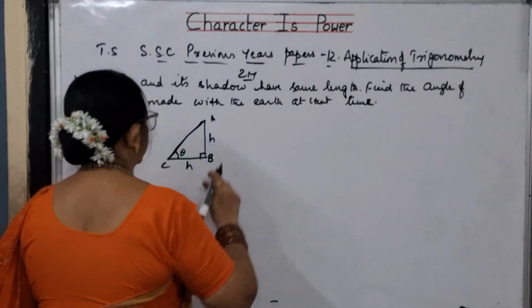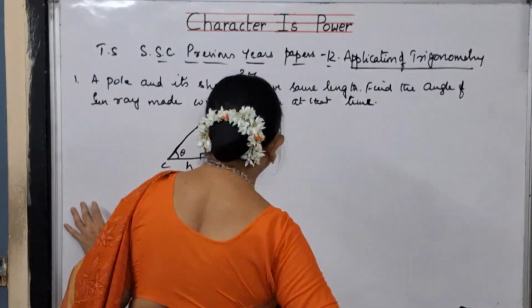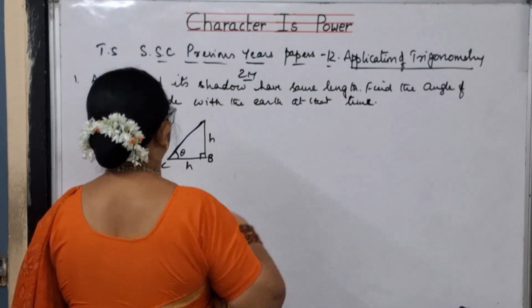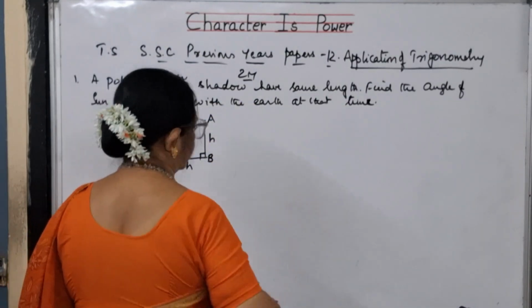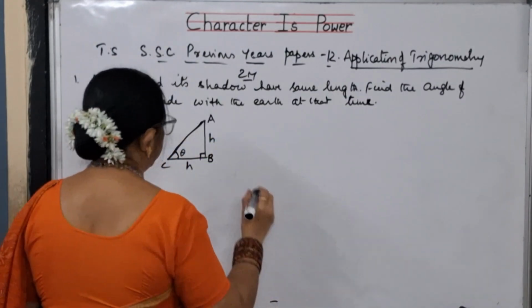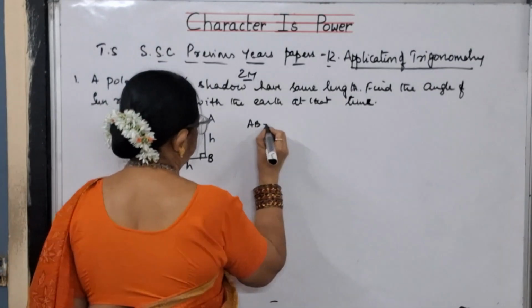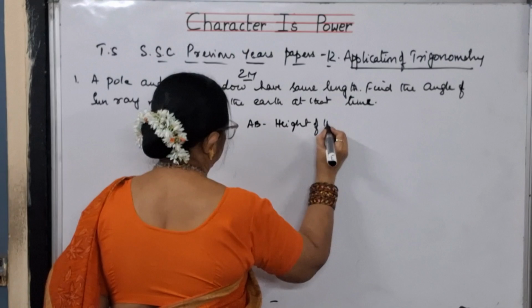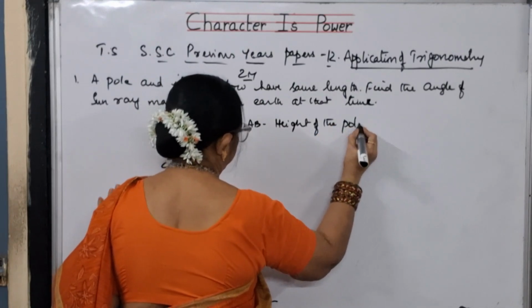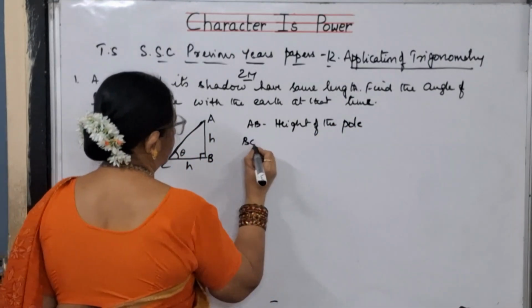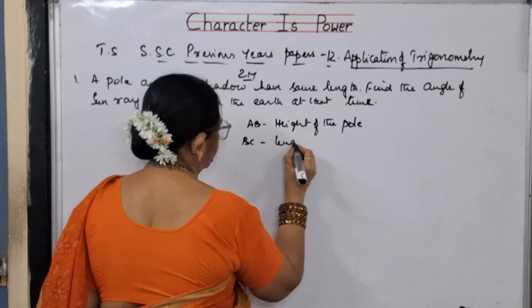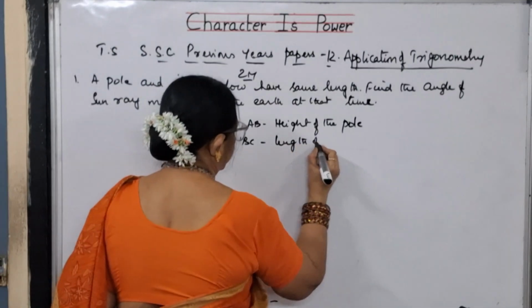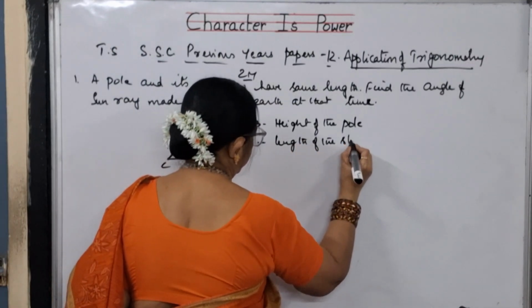You need to find out. What is AB? AB is the height of the pole. And what is BC? BC is the length of the shadow.